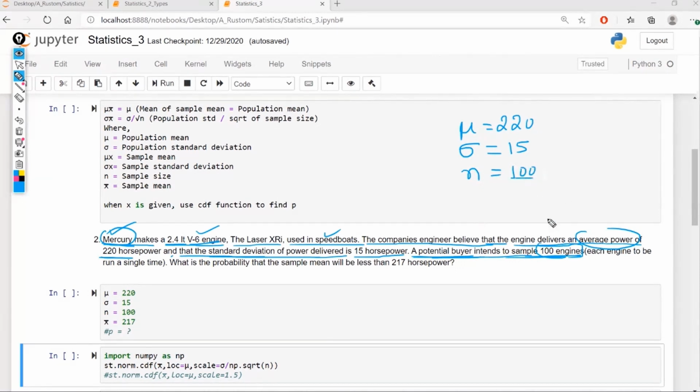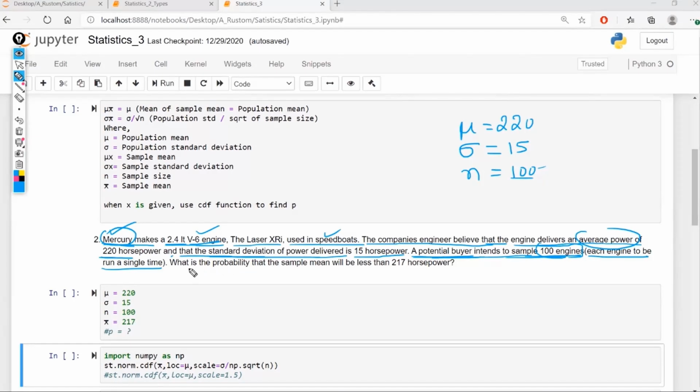Each engine will be run a single time, then only I will be able to understand the horsepower and things like that. So he wants to run all these 100 engines.